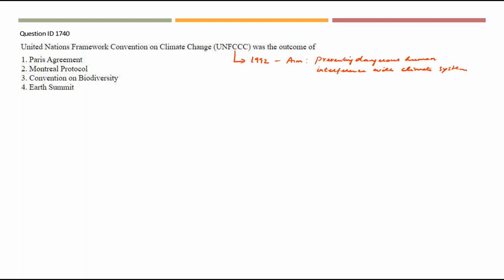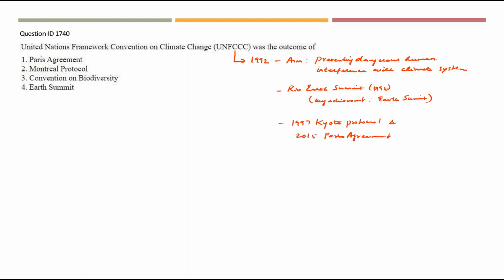This was the key achievement of the Rio Earth Summit that was held in 1992, obviously, or it can be called Earth Summit 2. The 1997 Kyoto Protocol and 2015 Paris Agreement build on the convention. UNFCCC was the outcome of the Earth Summit. So we will mark option 4, Earth Summit, as the right answer.